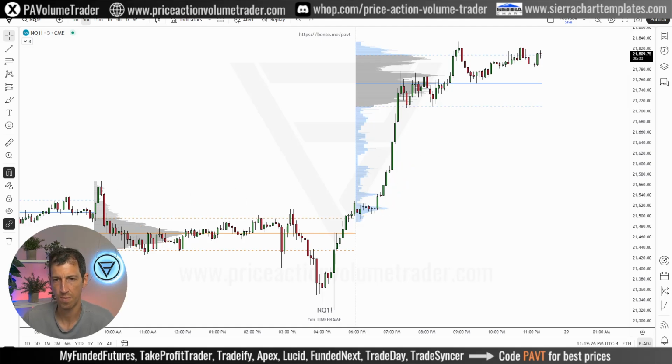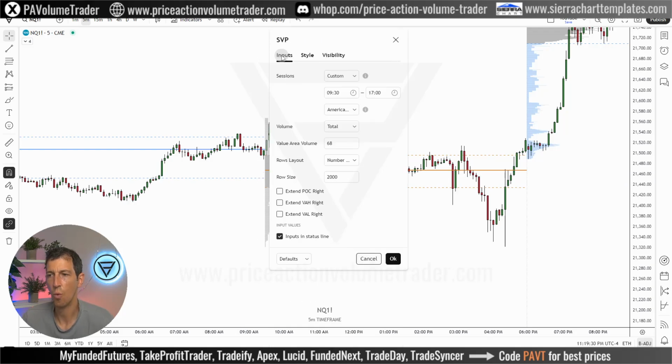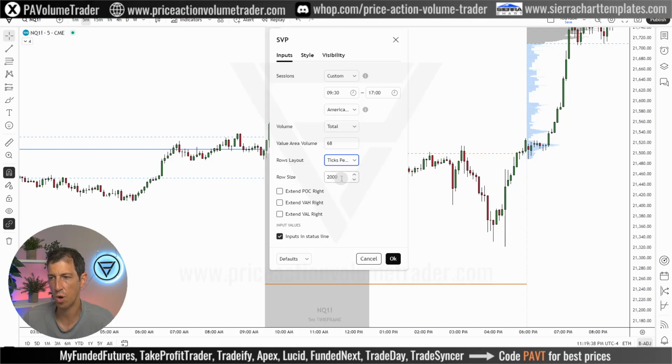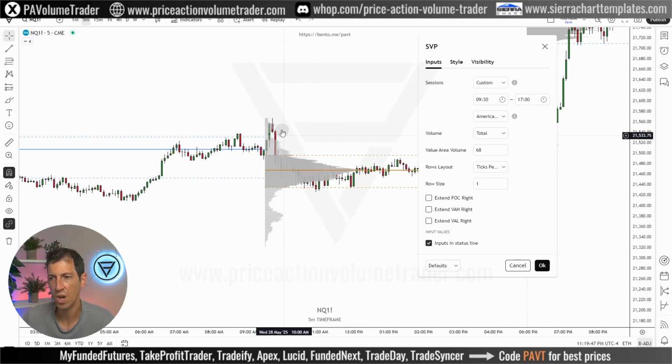Okay, so my settings for this, when it comes to futures, I like to use either number of rows 2000, or you can just use ticks per row. But you gotta go down to 1. If you go to 1 tick per row, you're gonna get the highest definition possible.